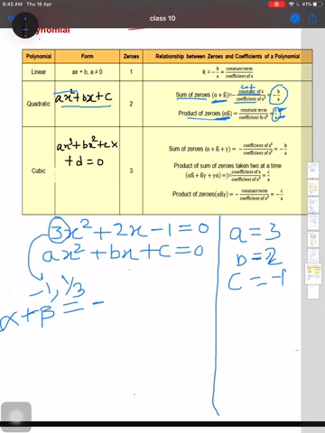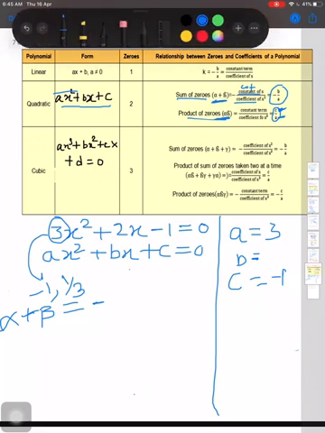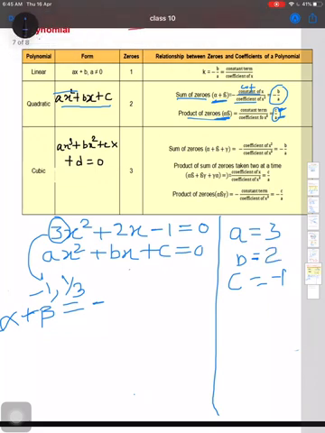Here the values of a, b, c I've told already: the value of b is 2 and the value of a is 3. And this minus is in the formula only.